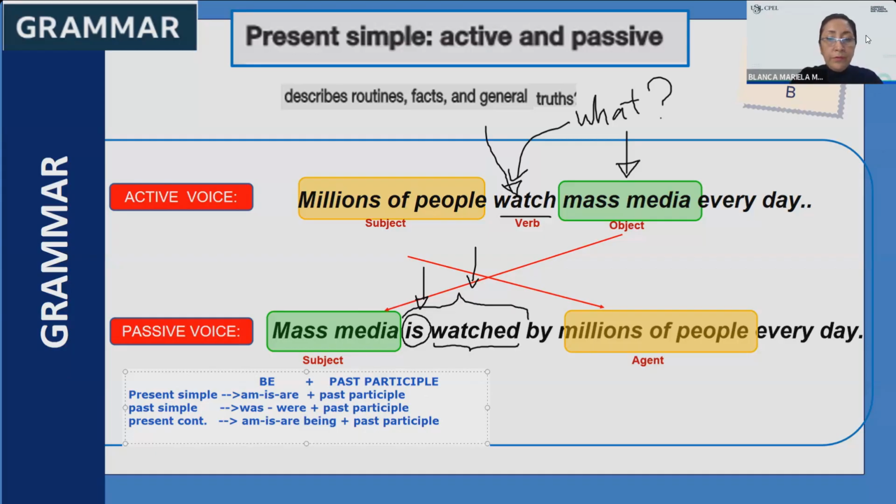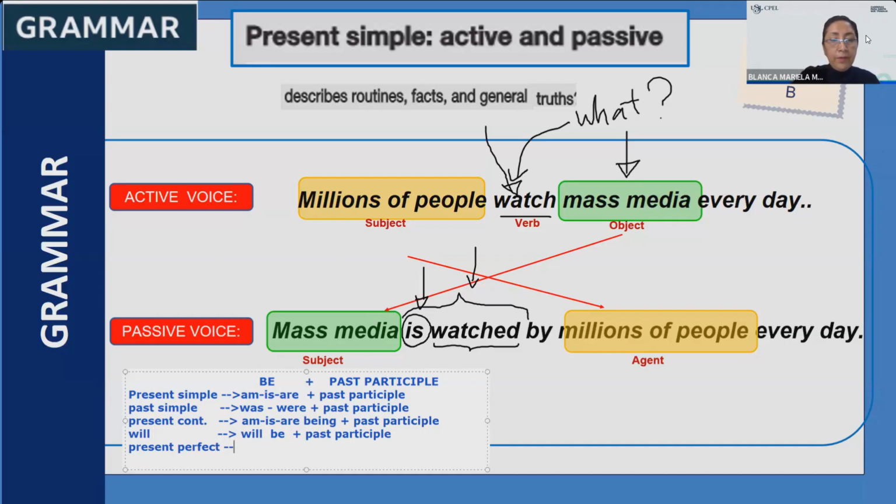What about future using will? You say will be plus the past participle. How about, for example, present perfect?